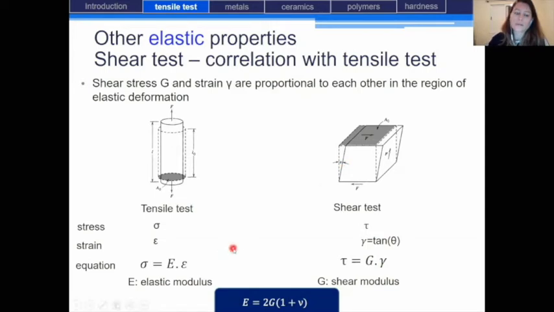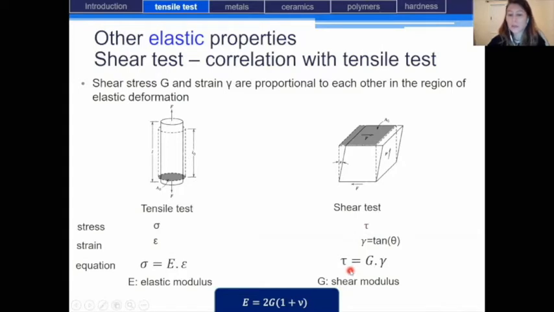The notation for the stress in tensile test and shear test is different. In the case of the shear stress, the strain is equal to the tangent of this angle, theta. And we also have a constitutive equation that presents a linear relationship between the stress and the strain.